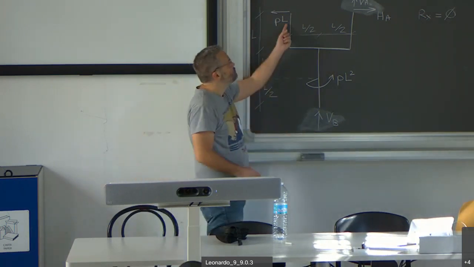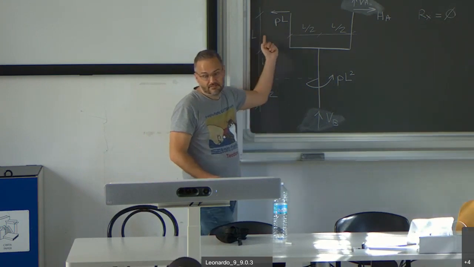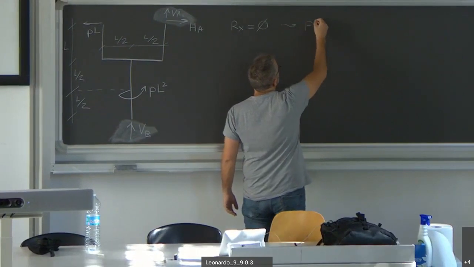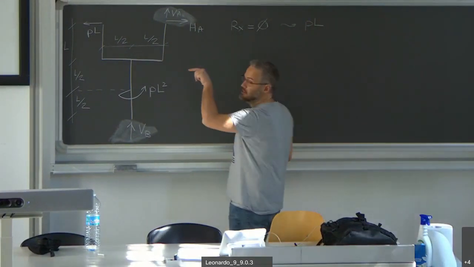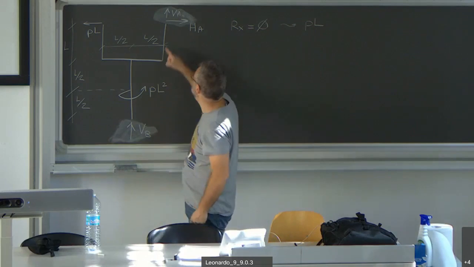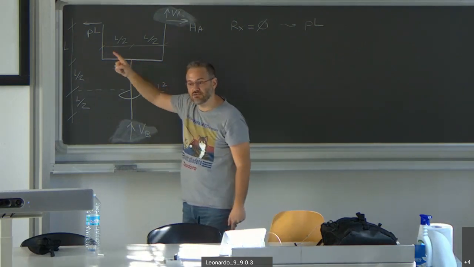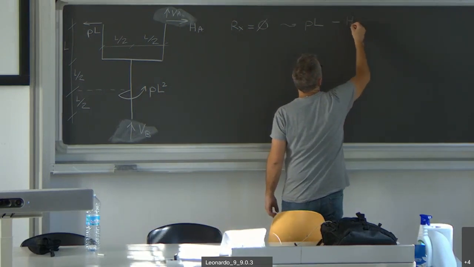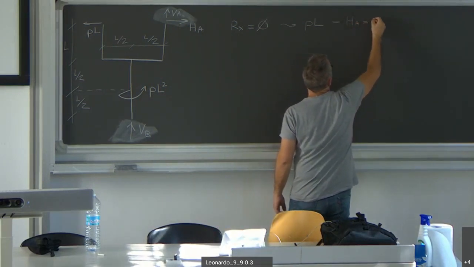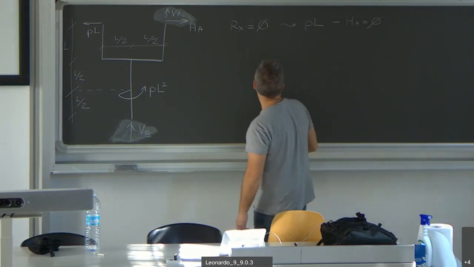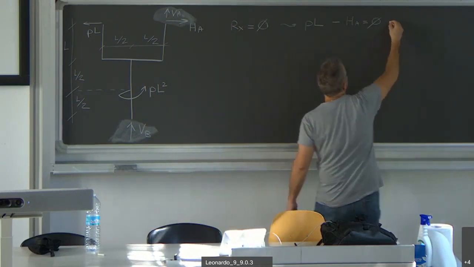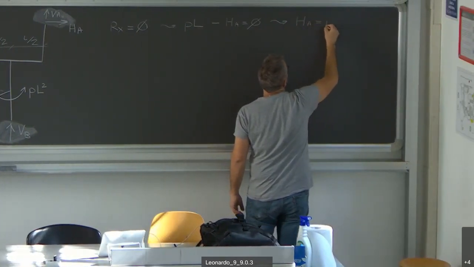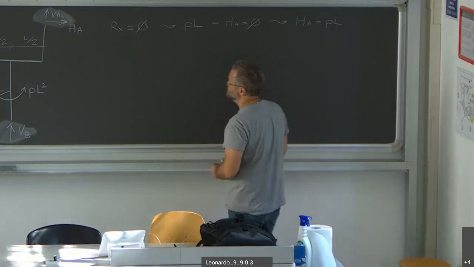So, PL to the left, take it positive. If PL is directed to the left and it's positive, then HA, which is directed to the right, is negative. And this immediately tells you that HA is equal to PL.